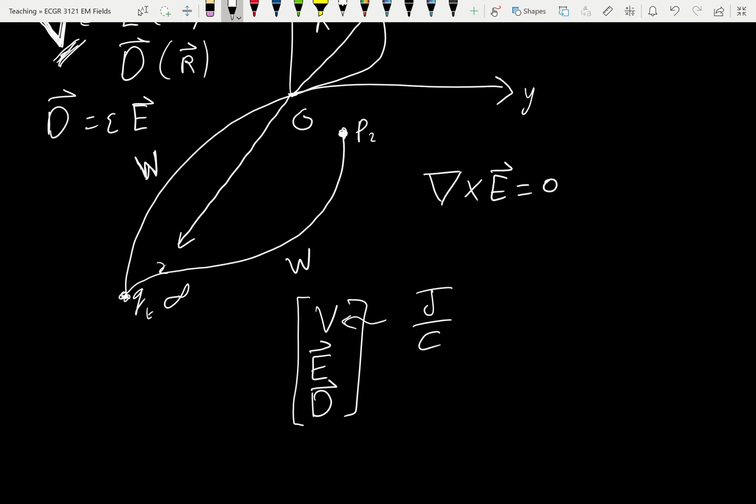We're claiming that the electrostatic field is a physical thing. It's not some fictitious mathematical entity that we're just assuming. It is something that exists in nature.